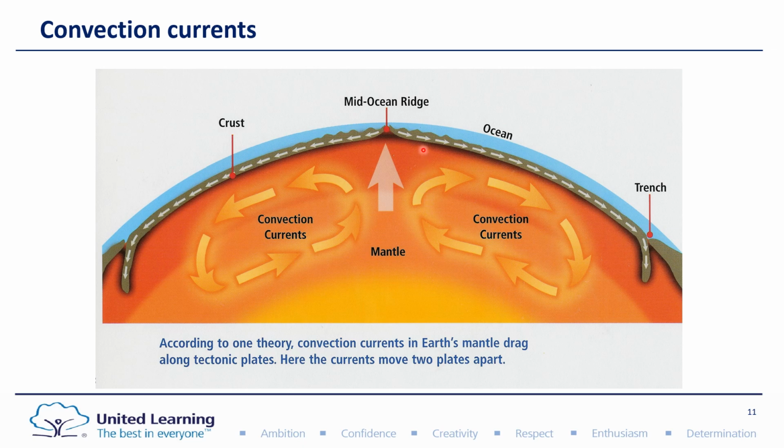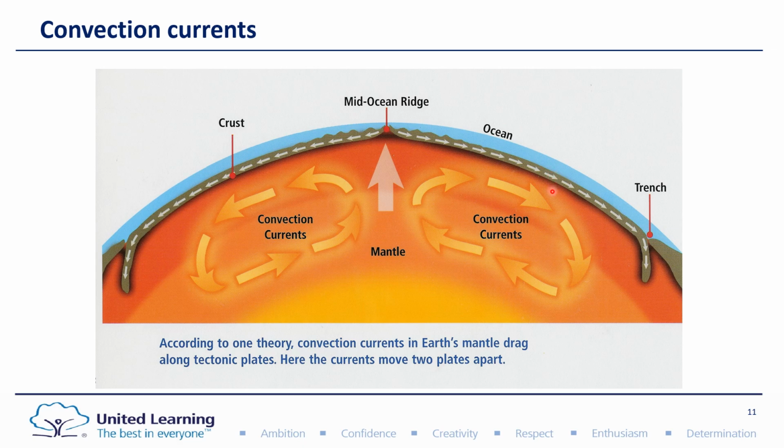The magma then hits the crust where the cursor is now, but it cannot go through the crust because the crust is thick rock. So the magma sticks to the crust and it pulls to the side, and as it pulls to the side, it slowly moves the tectonic plate.